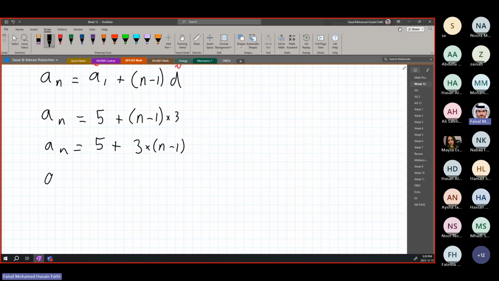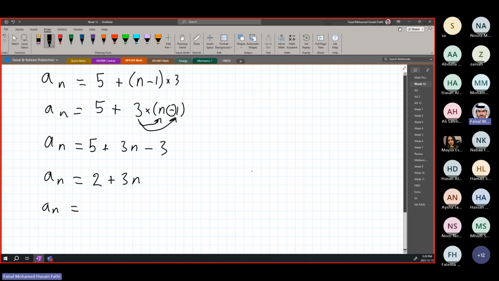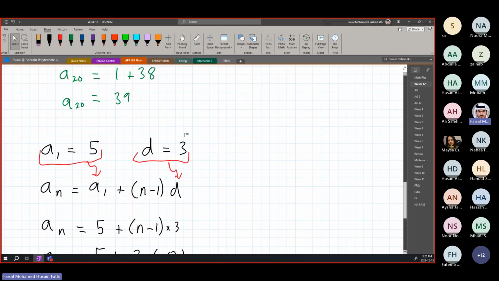We can simplify this by distributing the 3. 3 times n is just 3n, and minus 3 times 1 is just 3. We can further simplify 5 and the minus 3: 5 minus 3 is simply 2, plus 3n. Or you can rewrite it as 3n plus 2. So this is your equation for your arithmetic sequence given by these initial values that they gave you.